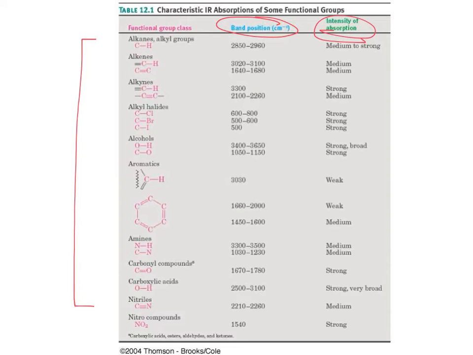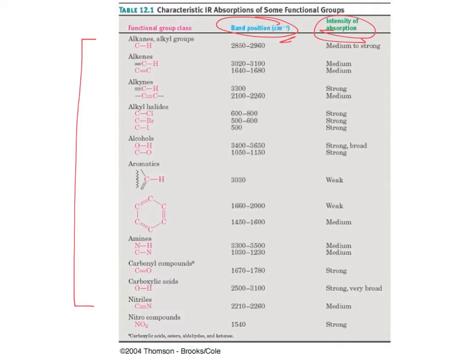So hopefully you are able to associate this, that depending on the kind of bond that you have, you will require a certain amount of energy to carry out a vibrational kind of movement.